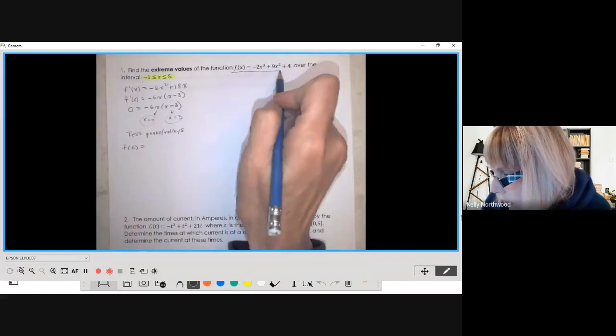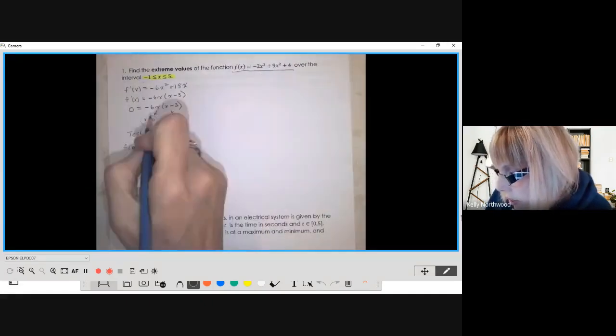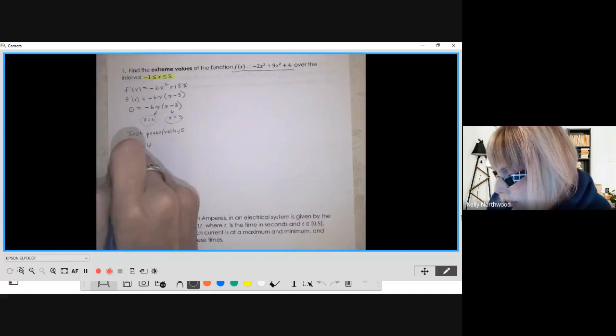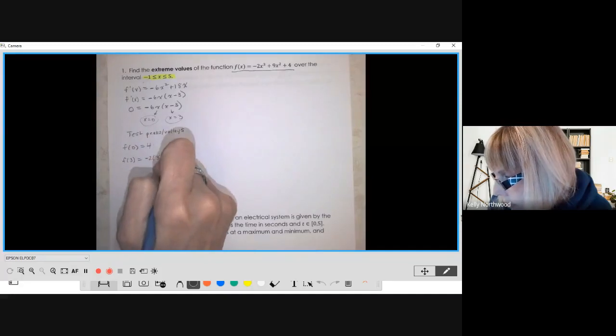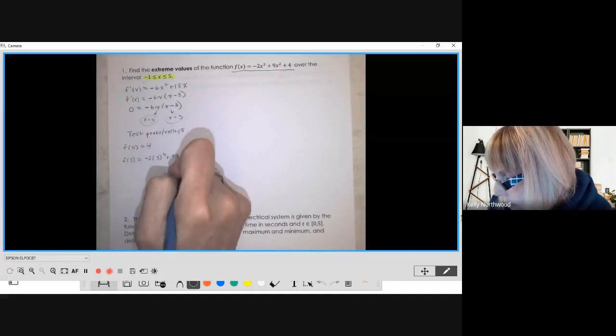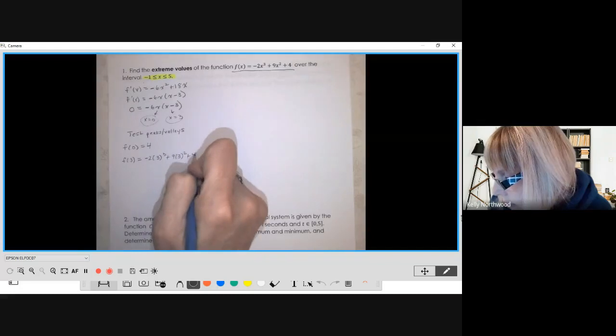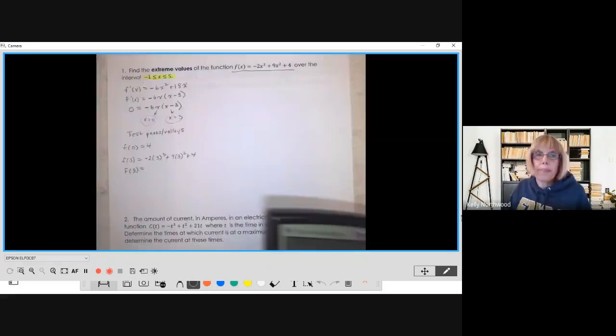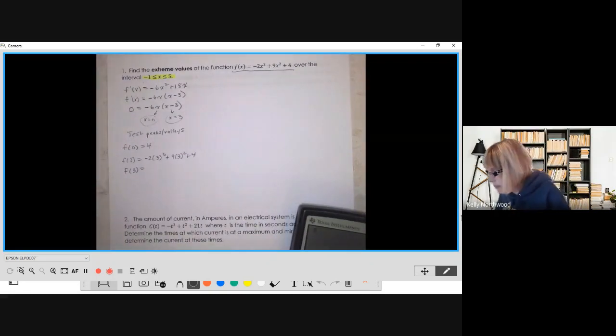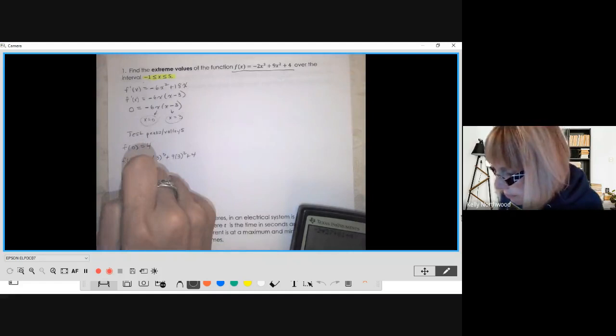Remember, I'm going back to my defining equation. You can just see that that's going to be 4. That's easy. F at 3 is going to end up being 31.